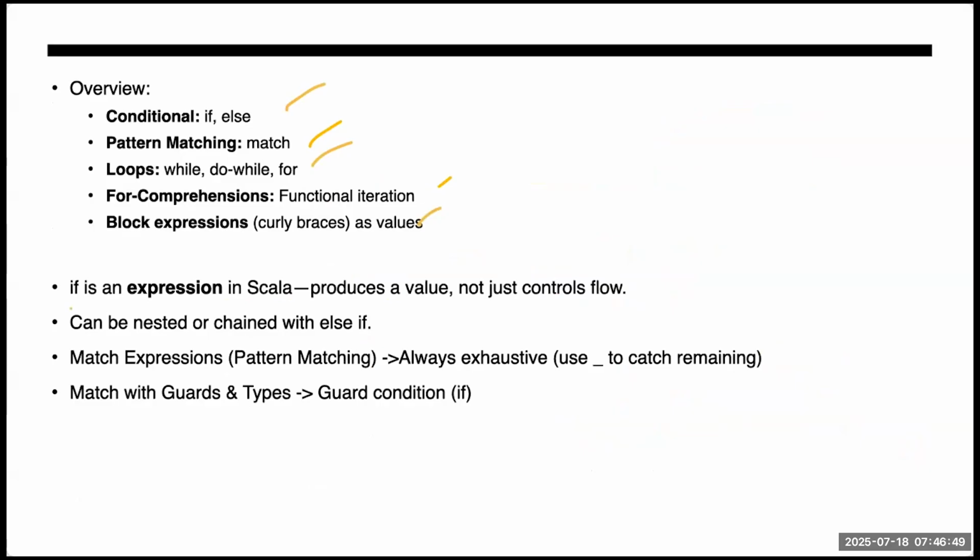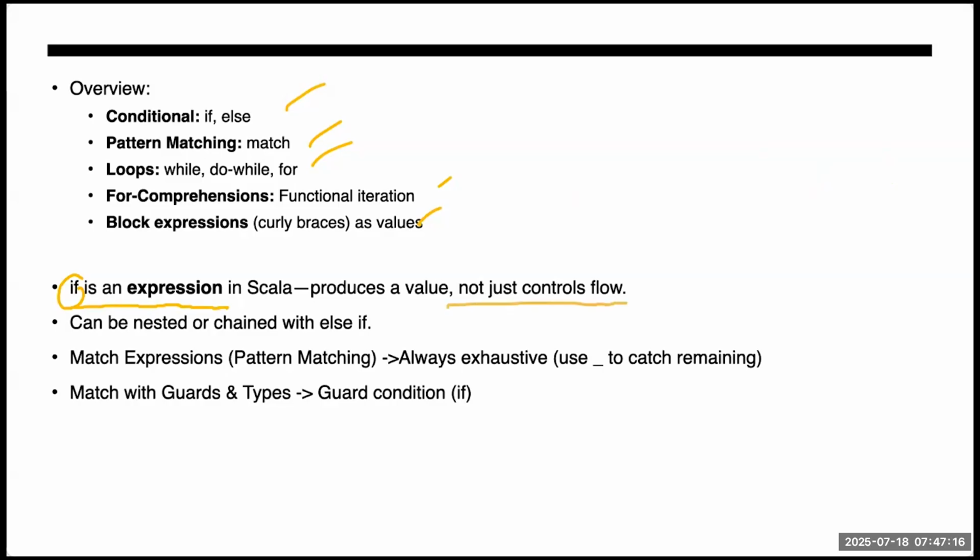And one more thing, here if is an expression. I showed you one example, right, where val abs equal to, if x is greater than 0, then return something, else don't. With this, what I mean is, in an expression it will also return.